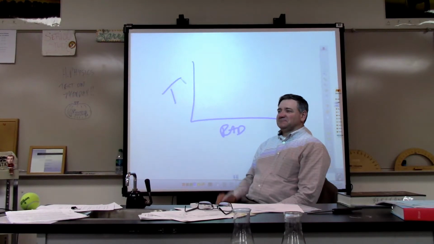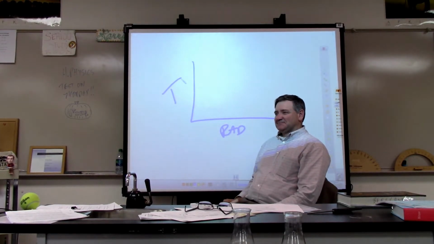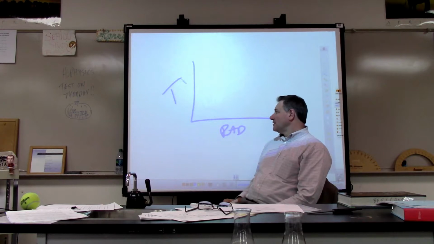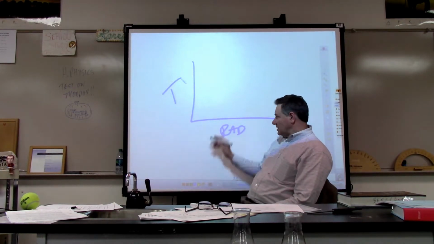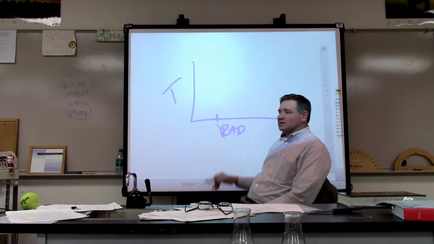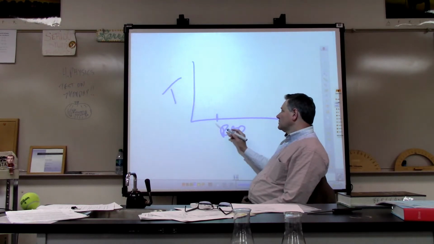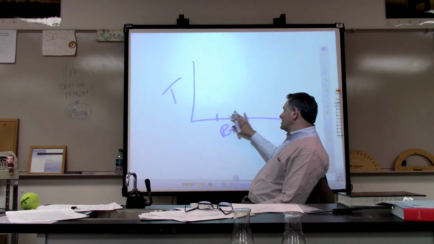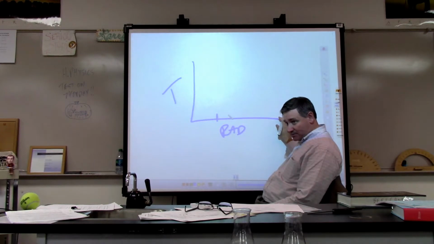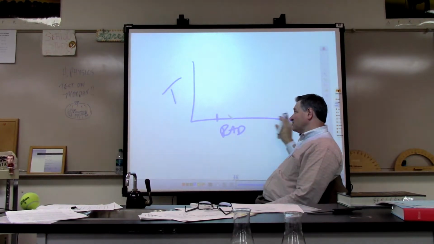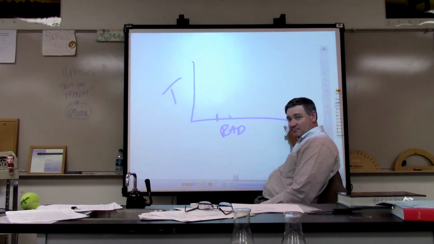Well, your radius can't be 0, so there's a point where we have to start. The relationship between the period and the radius is like quadratic. As the radius gets bigger, they're inversely proportional.